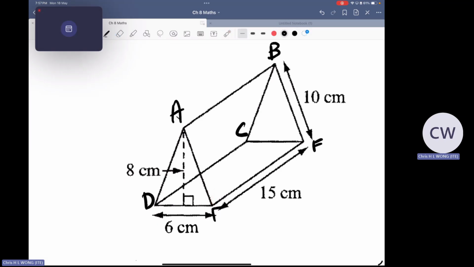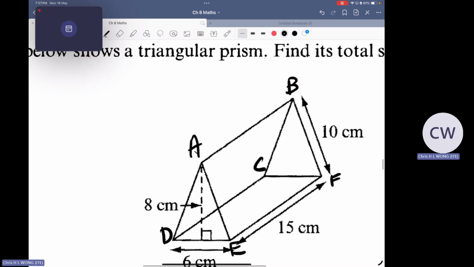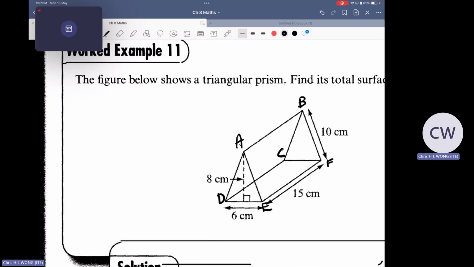Okay, let's try area of triangle. You cannot say area of triangle like that. You must tell them which triangle. In this case, ADE. ADE equals half base times height, right?